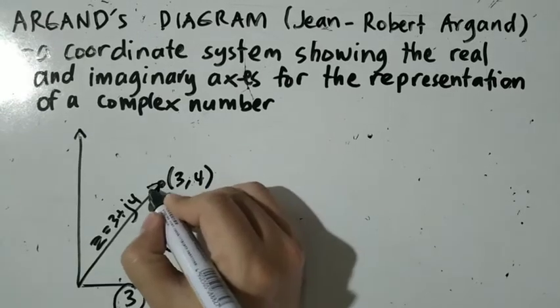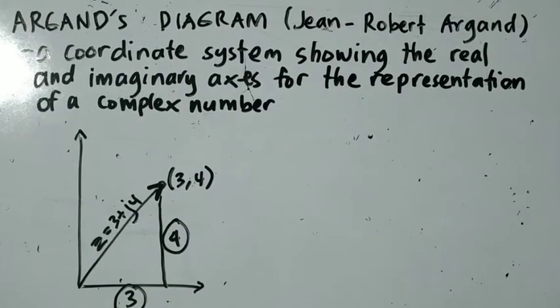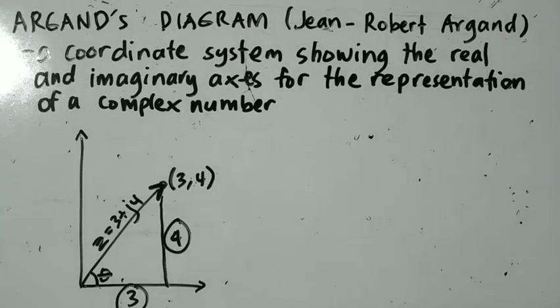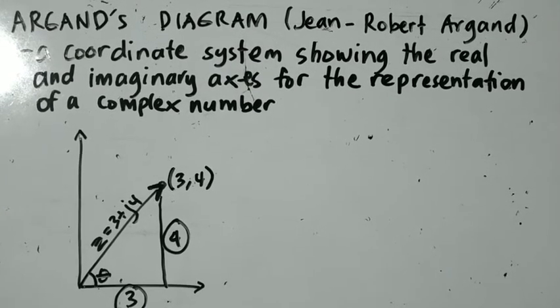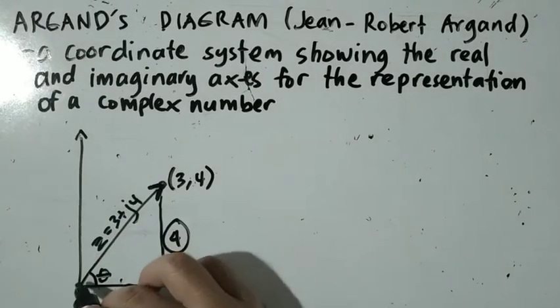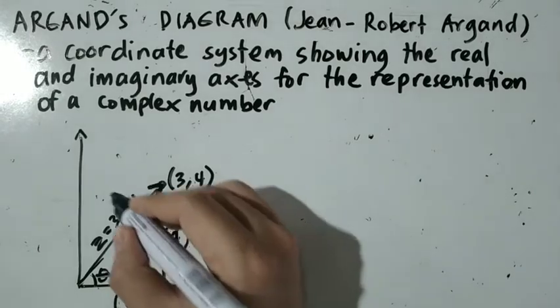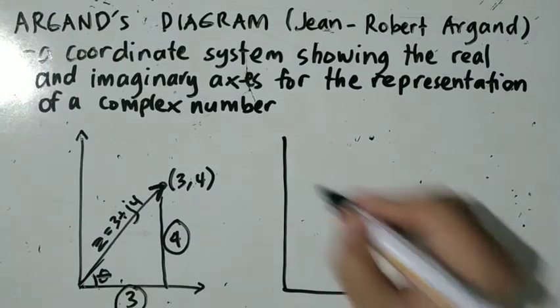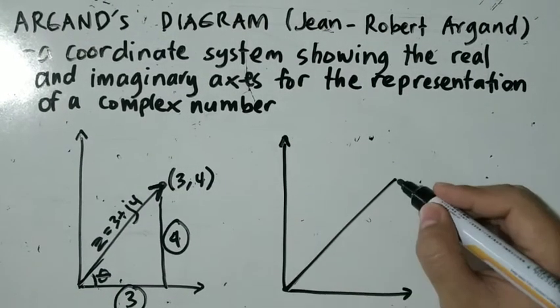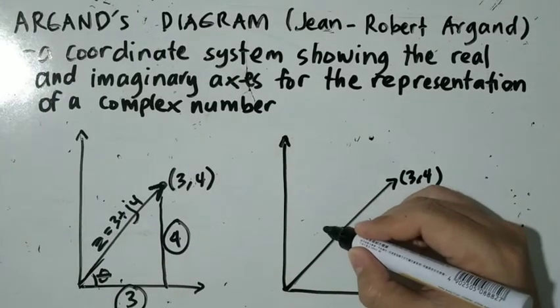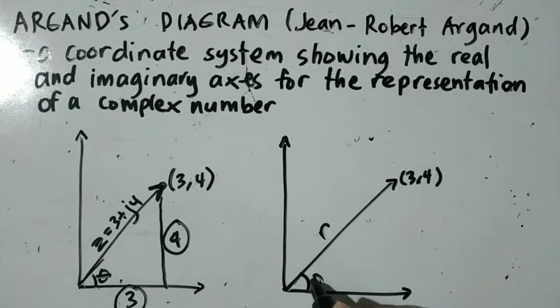As you can see, we have a line here which forms an angle with the x-axis. You can already see that if we get the resultant, the hypotenuse of 3 and 4, that will be our r. So if this is (3, 4), this hypotenuse is what we call our r, and this is our theta.